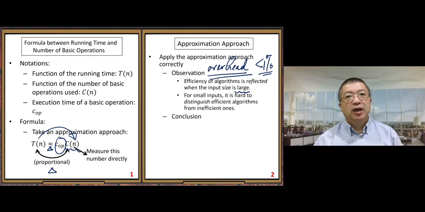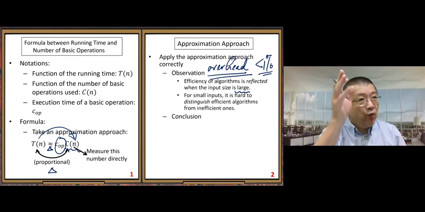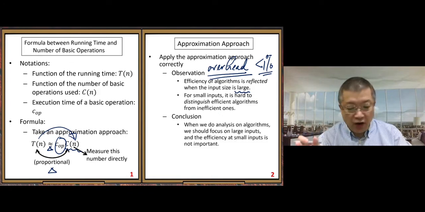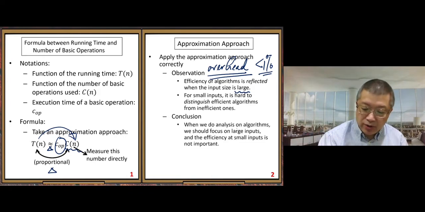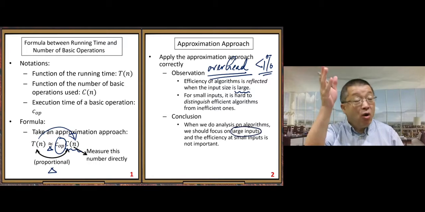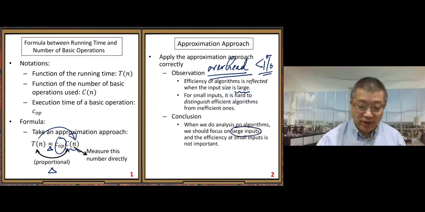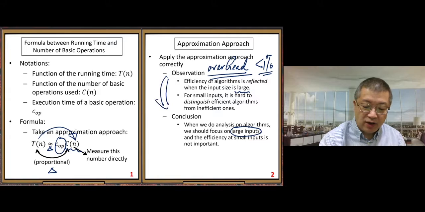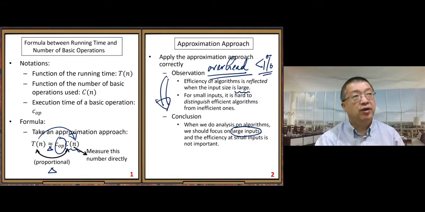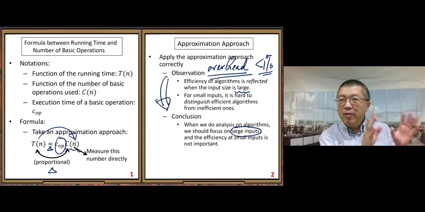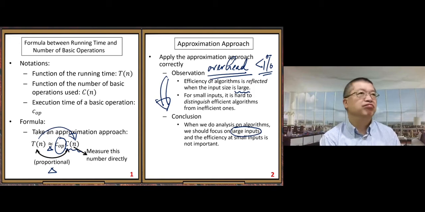Conclusion. When we do analysis on algorithms, we should focus on large input, not small input. Based on the observation, we have this conclusion. So we don't worry about the small inputs because we get a lot of distortion from the overhead part.